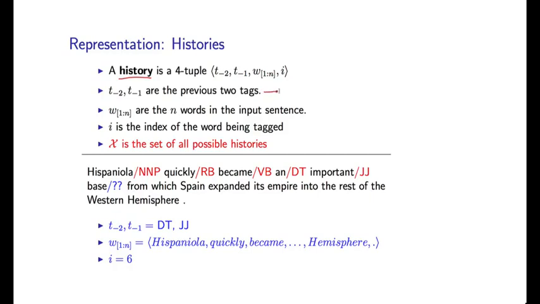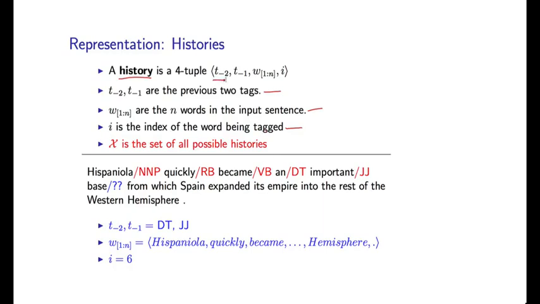We have the previous two tags, t minus 2 and t minus 1. We have the entire sequence of words in the input sentence, W1 through Wn. And then we also need to be a little bit careful to make sure we condition on the position of the sentence that we are tagging. So i is going to be an index of the word being tagged, the position in the sentence.